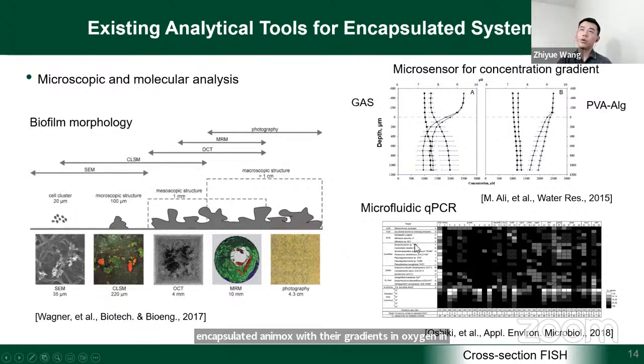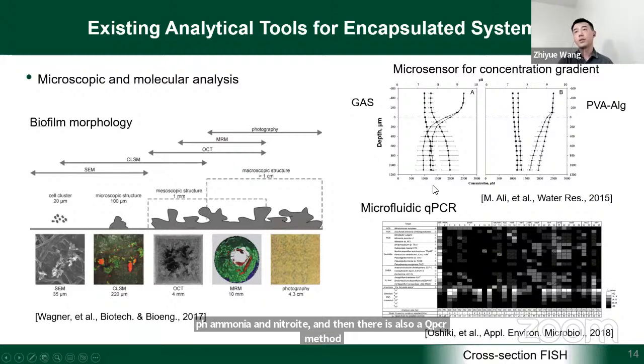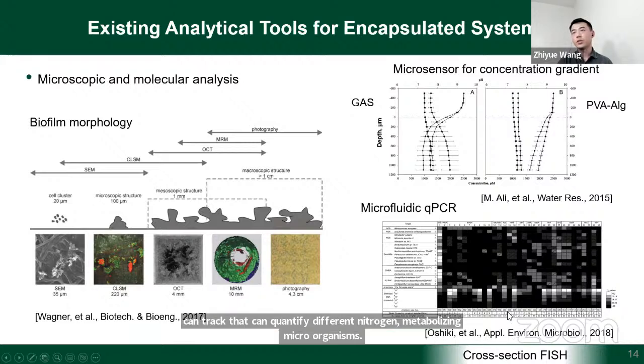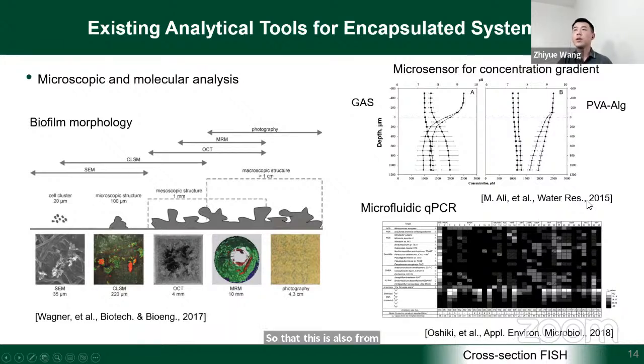And there's also a qPCR method that can quantify different nitrogen metabolizing microorganisms. This is also from the Ishii group, who developed an assay to track all the nitrogen metabolizing bacteria using different sets of qPCR probes. With a microfluidic system, we can get high-throughput qPCR information on that.